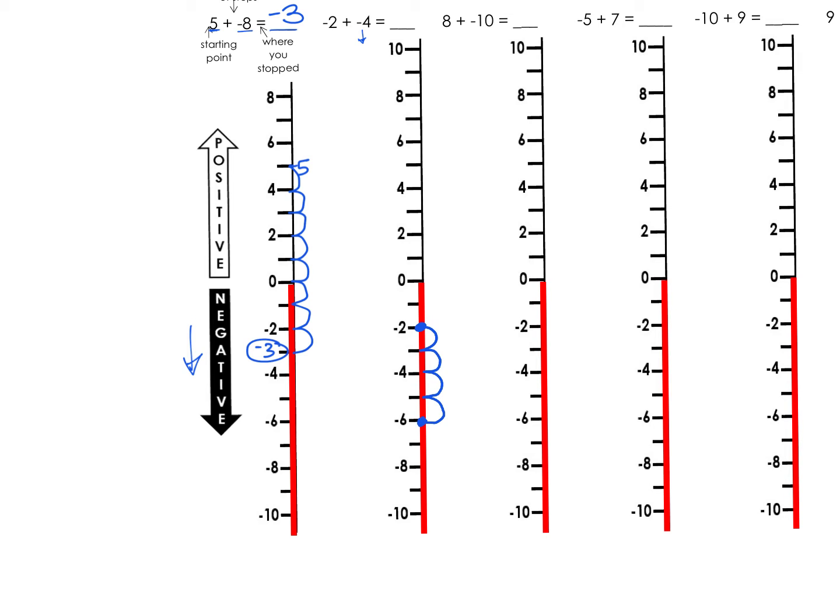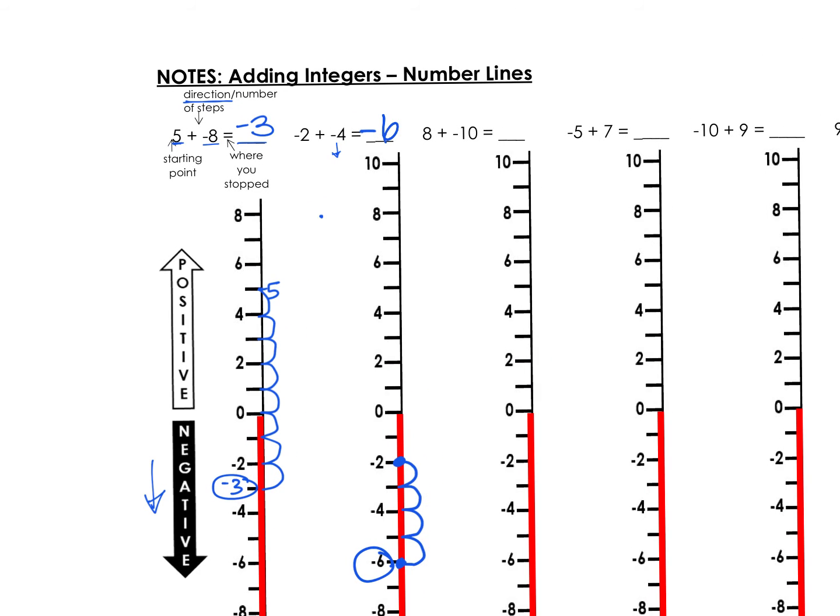So we went even farther down and landed at negative 6. Sorry, negative 6.